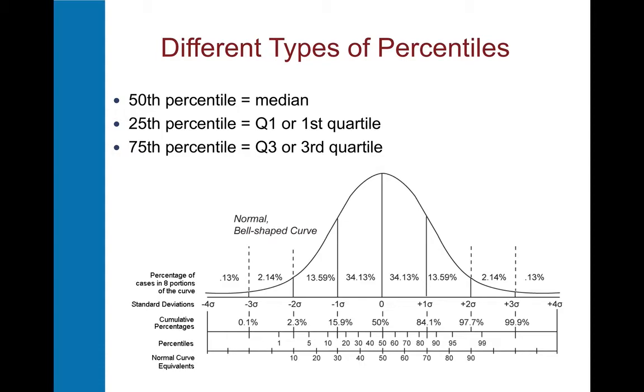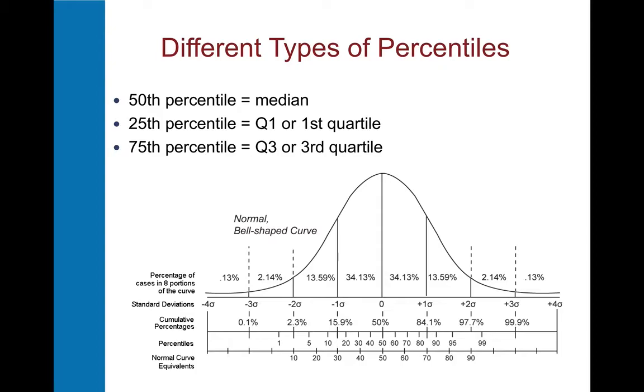A couple of other common terms that statisticians use to convey the position of a person on this normal distribution. The 50th percentile is a lot of times referred to as the median. The 25th percentile, which is somewhere around right here, is what we call the first quartile, or Q1.